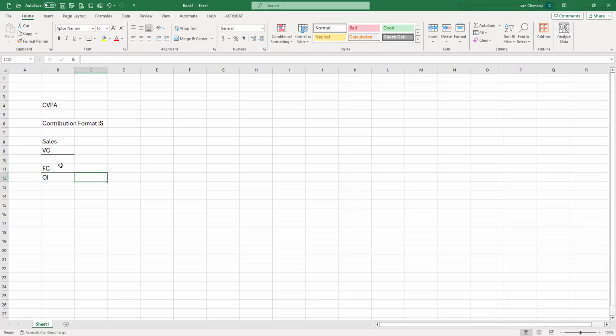Make sense? So if you want to generate operating income from your company, you have to cover all your costs with your sales. You have only one thing to cover the cost. That will be sales.